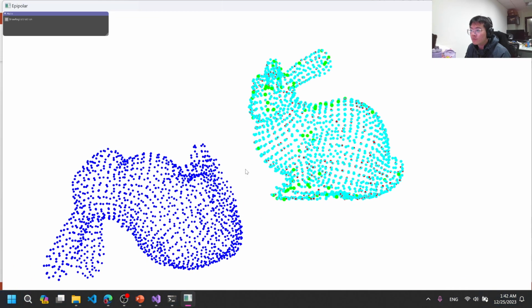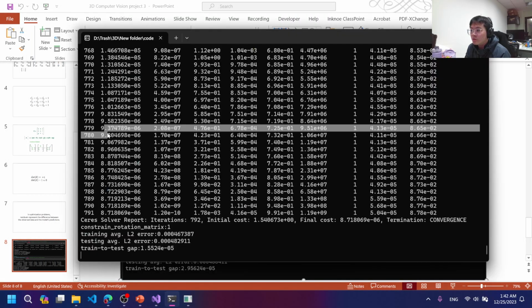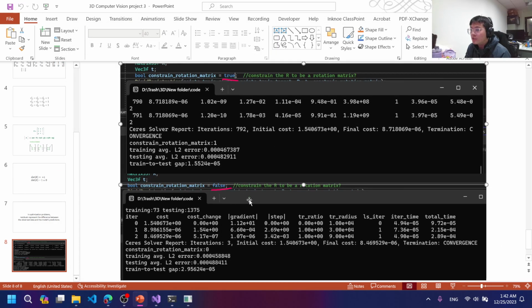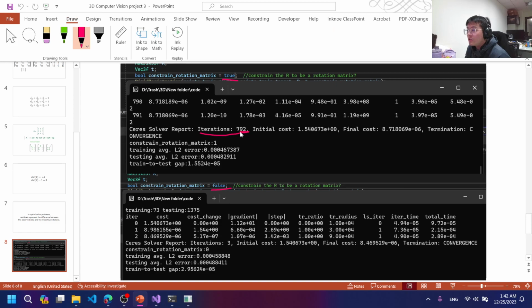Okay, so let's look at the output here once again. I put them together so it's easier to compare. So first thing we can take a look at is the iterations. The number of iterations are way more.